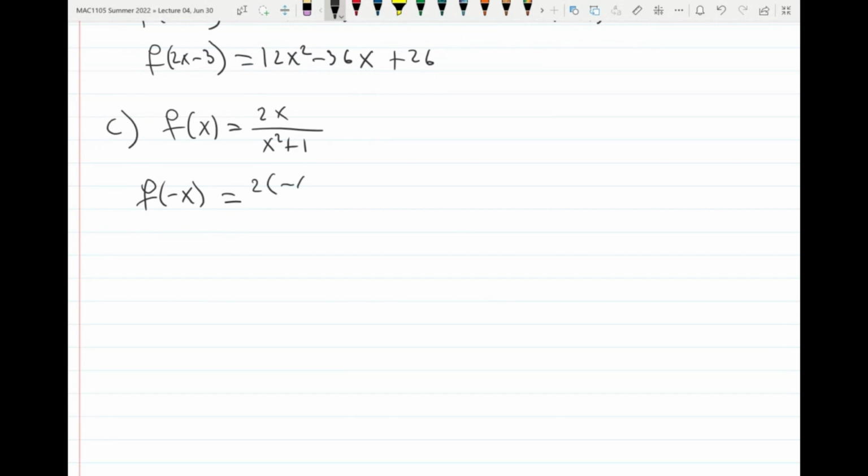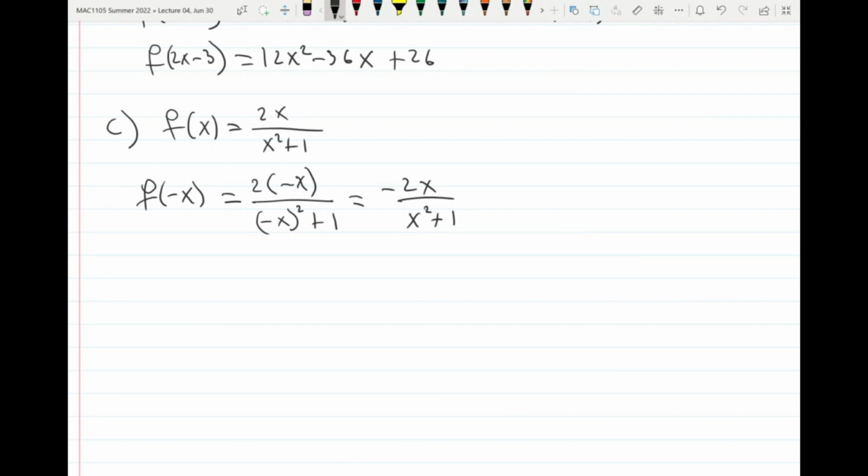There is no one here. So it's not the same. So negative x over negative x squared plus 1. Yes? And then you evaluate. So we get negative 2x over x squared plus 1. Okay. Questions?